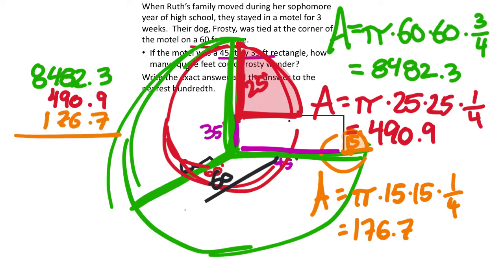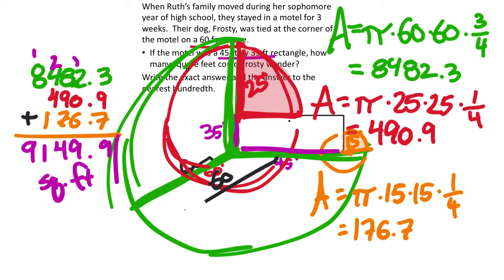Just going to add these together. And that will tell me the total amount of area that little Frosty here can cover. So 3 and a 10 and a 9, carry the 1 is a 9. What's a 15 and a 4 and a 2, a 10 and 11, 9,149.9, again, square feet. Make sure you label that right there. But that would be the total amount of area.